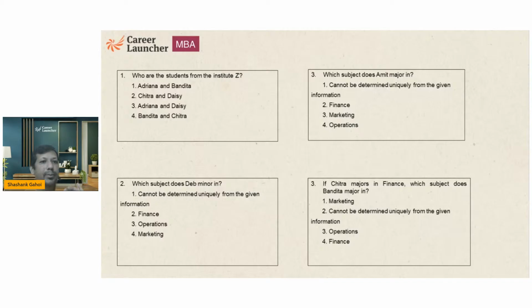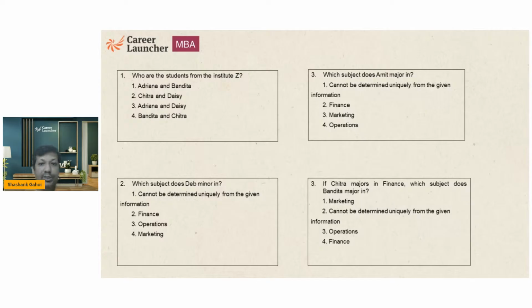Now it is going to talk about the first question. Again, I am going to do the same thing that I have said before: read the questions before you start. So basically, who are the students from Institute Z? Okay. Which subject does Dev minor in? Okay. Which subject does Amit major in? Okay.